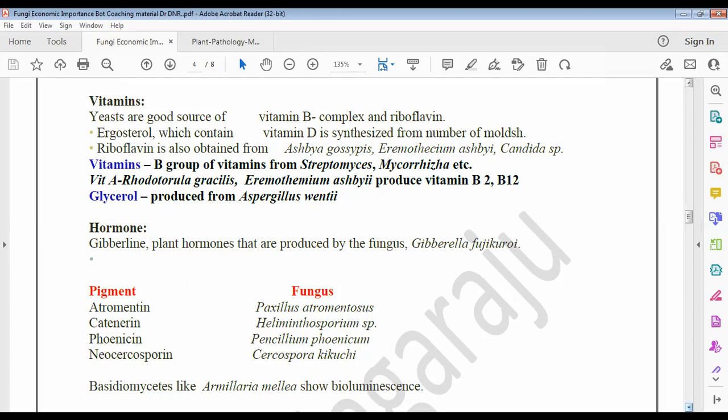Whenever it causes the disease, the end product is gibberellin. That gibberellin we use as a phytohormone for... gibberellin we use for what?